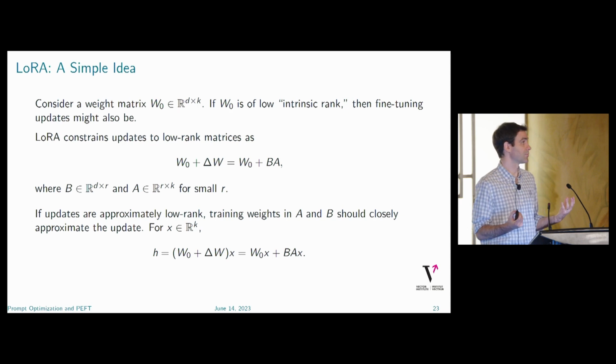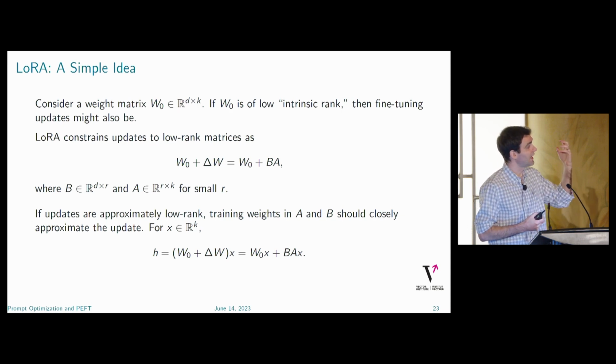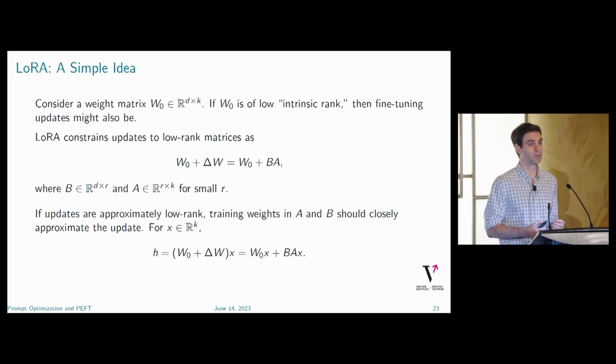And so what's the basic premise? It's a simple idea. If the weight matrices associated with your transformer are of intrinsic low rank, maybe the fine-tuning updates also are. And if that's true, then you can represent them by low-rank decompositions.